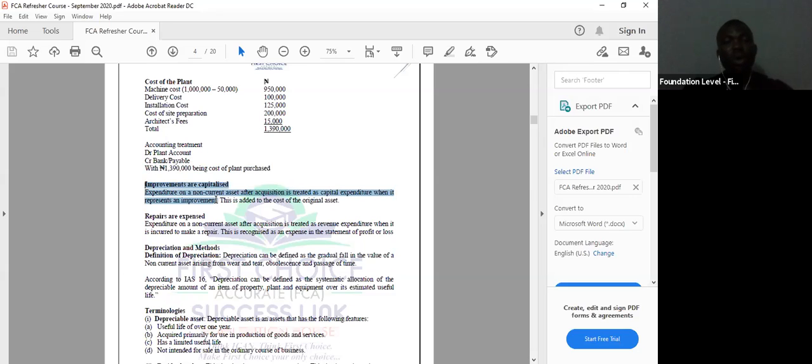Now, improvement on capitalized assets. Expenditure on the current asset after acquisition is treated as capital expenditure when it requires an improvement that is added to the cost of the original asset. These things, capital expenditure and revenue expenditure, are actually things that you need to know.